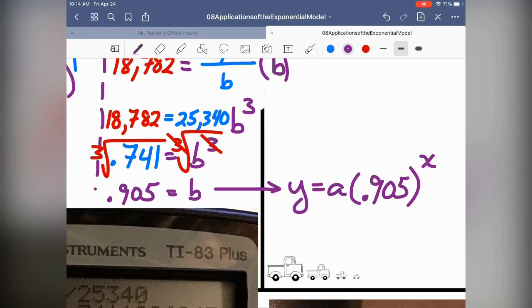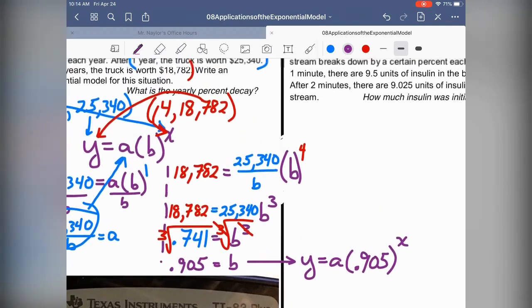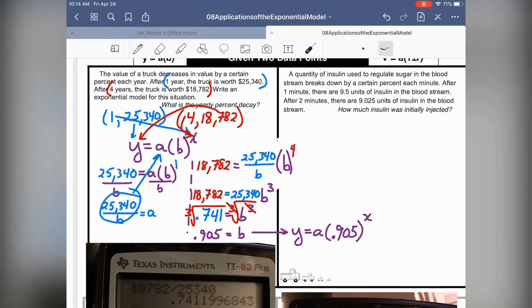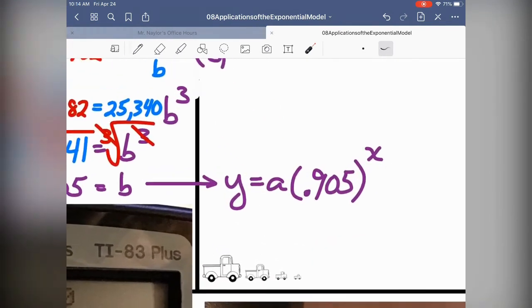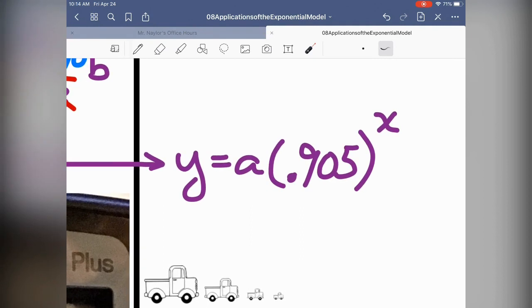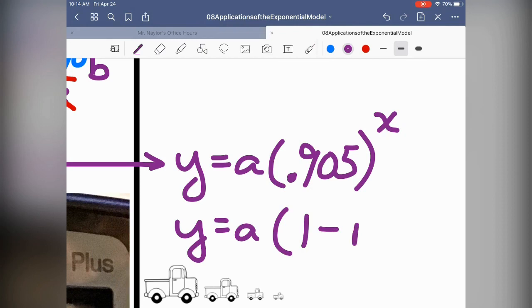Now, I think the question also said, what would be the percent decay? You want to realize that we haven't found it yet, but we're only a subtraction away. Because as we've talked before, this base of 0.905 is actually the same thing as 1 minus a rate. And so the question really becomes, what rate would I subtract from 1 to get 0.905?